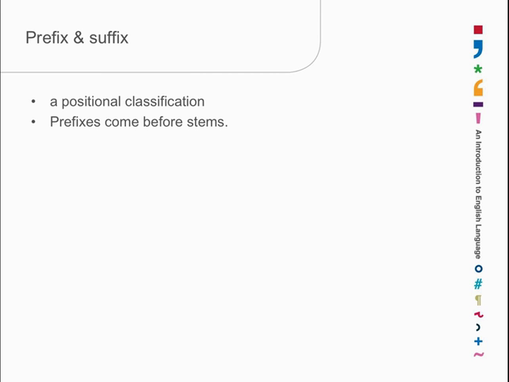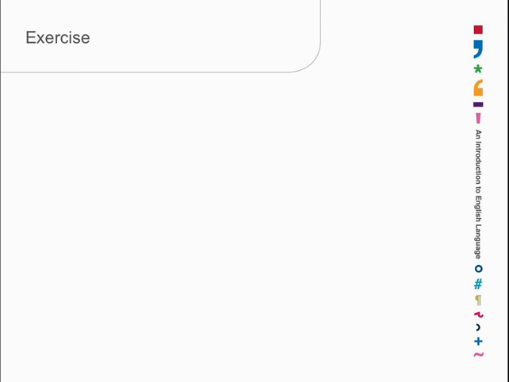And affixes seem to belong to either one or the other, and never both. Prefixes come before stems, suffixes come after stems, and there are languages in which there are infixes. Infixes come inside the stem. English doesn't have regular infixing.